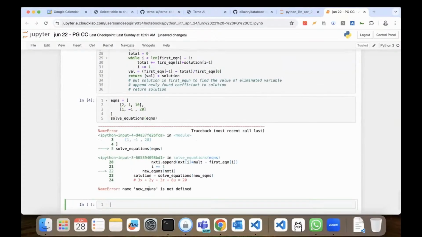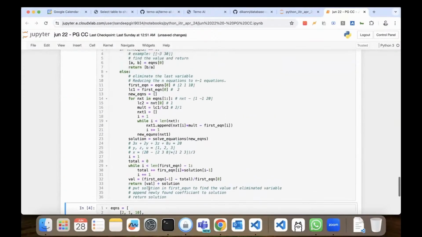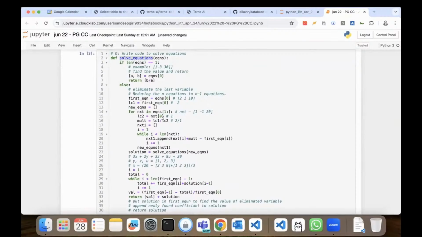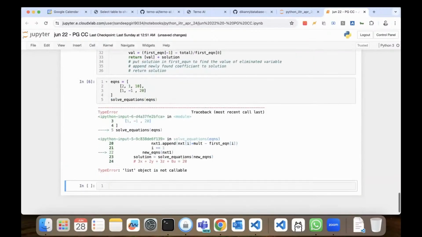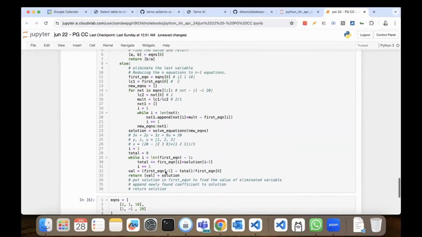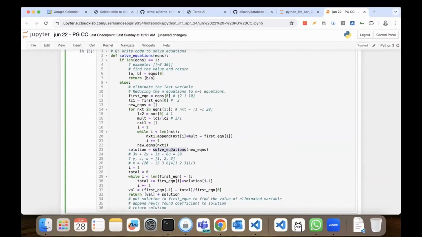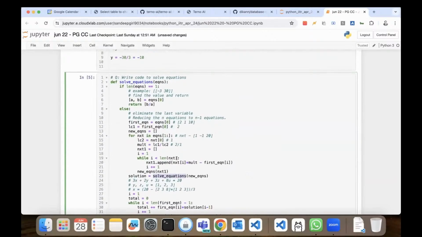It says new equations are not found. So there is a typo. Do you see a typo? All right, it says list object is not callable. Okay, why is it not callable?